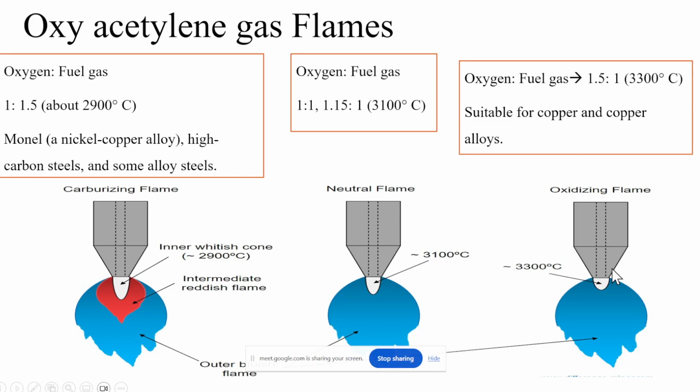Because of the excess oxygen, we cannot use this for iron or any steel-based joining, because oxygen immediately reacts with the molten pool and forms oxides, which is not desirable in any welding condition. But it is suitable for copper and copper-based alloys, where oxidation is not a big issue.